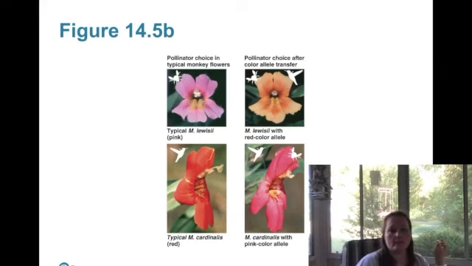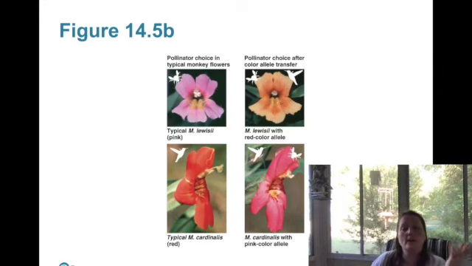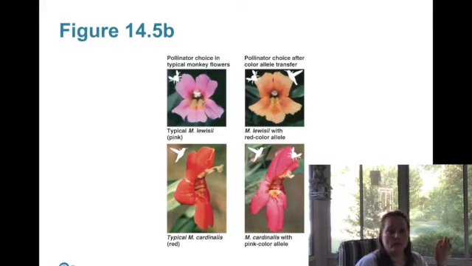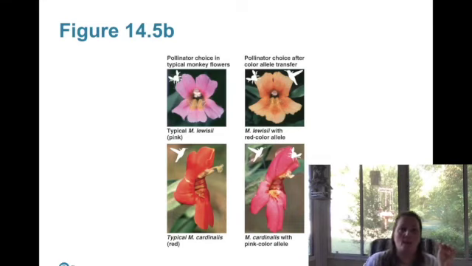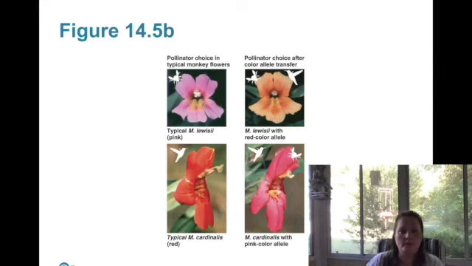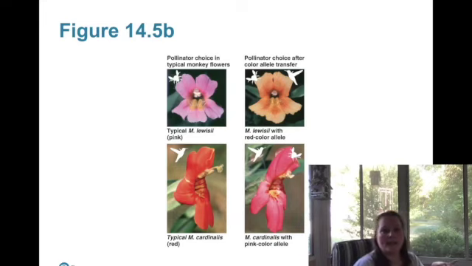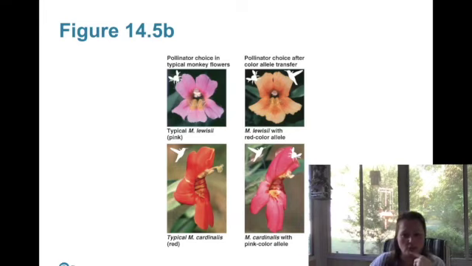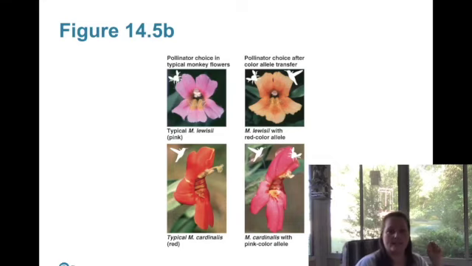And here are the flowers I was talking about. Notice you have the pink one and it shows a little bee there, so that pollinator is going to be an insect. The orange one is an insect and a bird, but then notice the bright red one is just a bird. And then you have the dark pink one that is bird and insect.